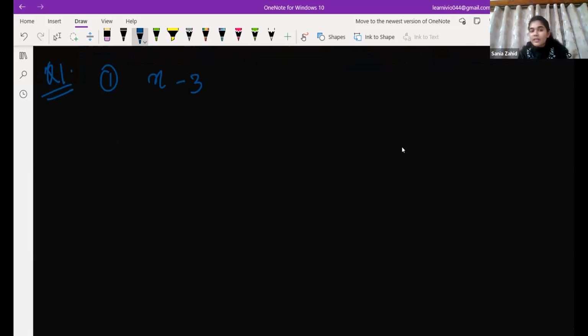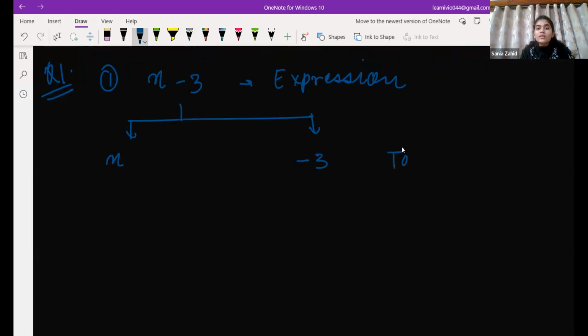Let's take x minus 3. First of all, this is an expression. So you write down that it is an expression. Now you write down the terms: x and minus 3. So these are the terms. Now what is the factor? x has only one factor, which is x, and minus 3 has only one factor, which is minus 3. So these are the factors. This is a factor tree. Can you make such factor trees?